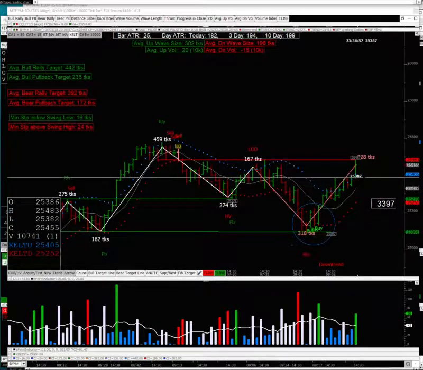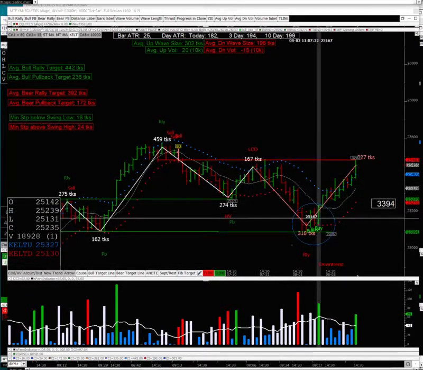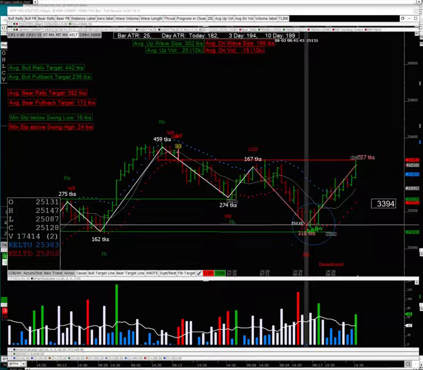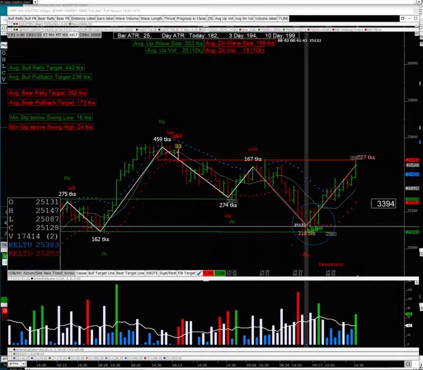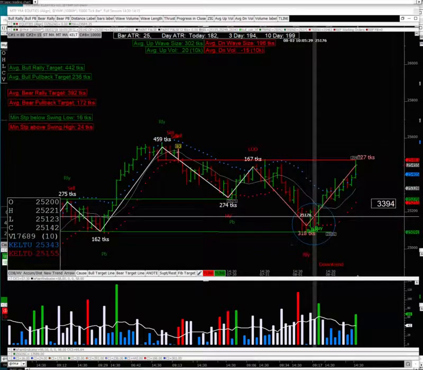This is what is meant by the law of supply and demand, or at least the application of the law of supply and demand, showing that demand is greater than supply, creating a turning point, a turn in direction leading to this swing up.